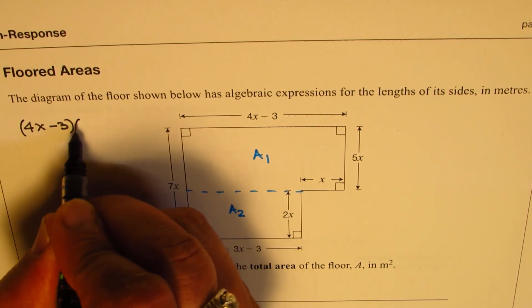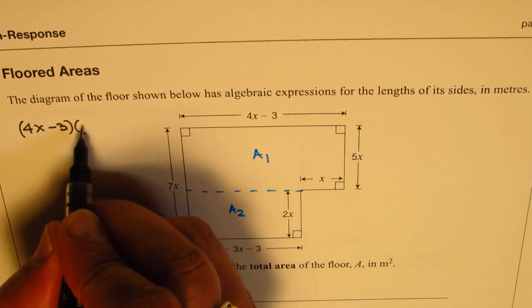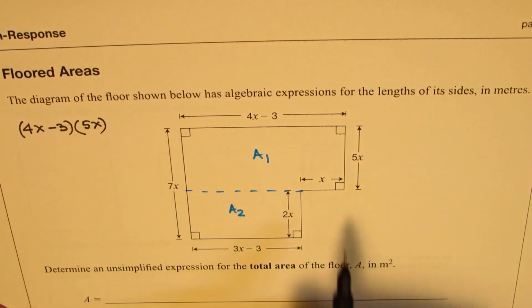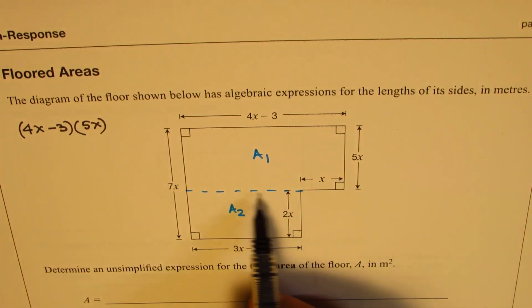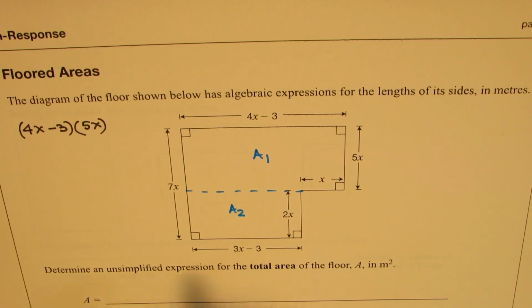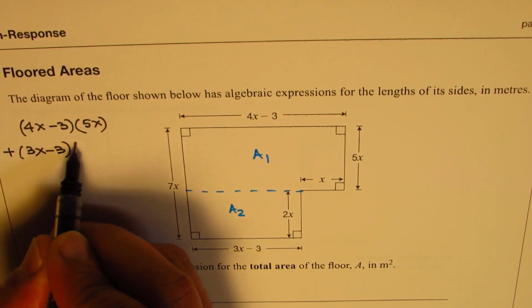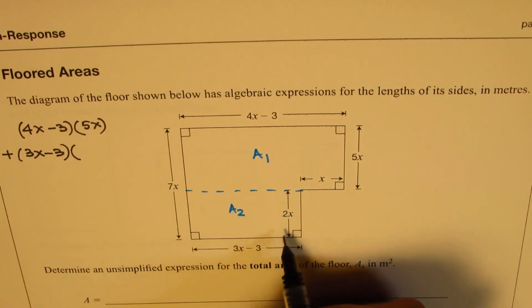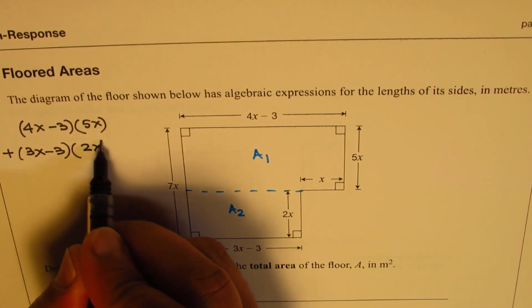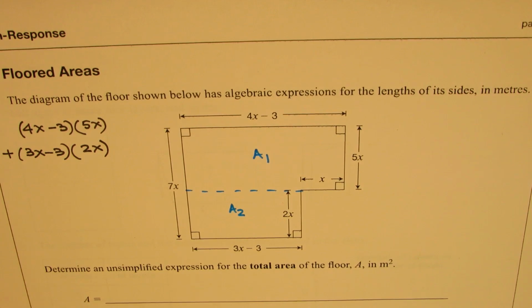We are going to multiply this by the width, which is 5x. For the second one, the length is 3x minus 3. So we're going to add this with 3x minus 3 times 2x.